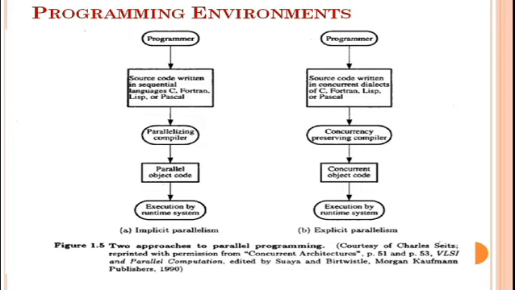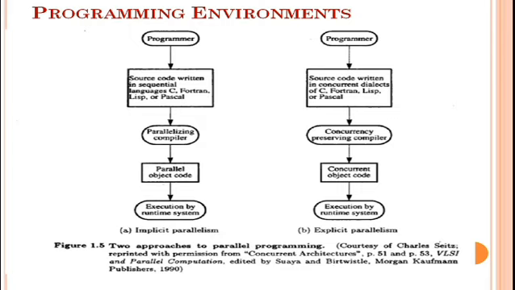Conventional uniprocessor computers are programmed in a sequential environment in which instructions are executed one after the other in a sequential manner. Whereas in the parallel environment, when we are using parallel computers, parallelism is automatically exploited here.